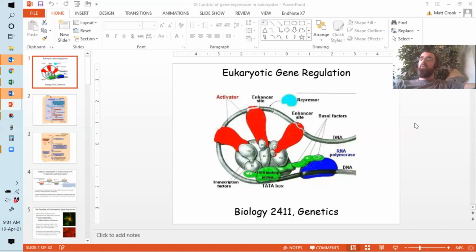Okay, so think about this as a sum, like an equation, right? Is DNA open or closed? Is it available for transcription? Do you have sufficient enhancers and insufficient repressors available for transcription to start? How are you splicing your mRNA?